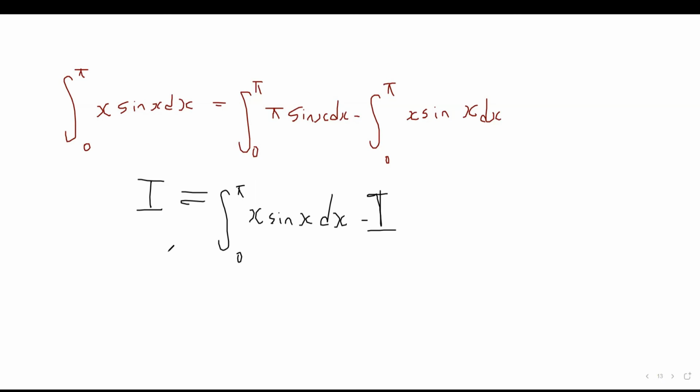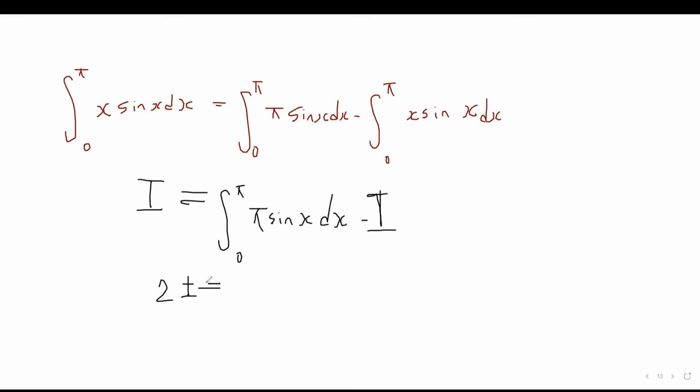Then we can bring over the I over here, so to say 2I is equal to, oh, this is not an x, this is a pi. So we can bring over the I now to get 2I is the integral of pi sine x. When you integrate sine, what do we get?